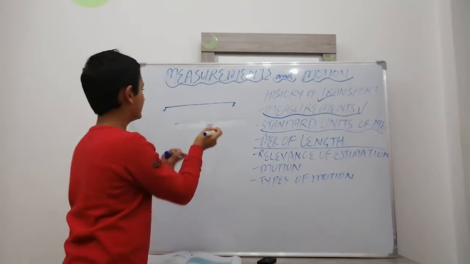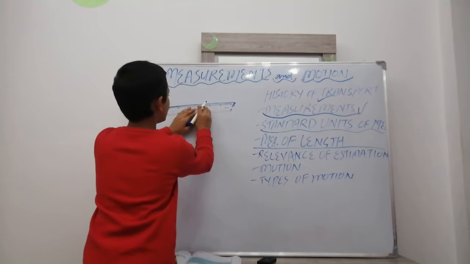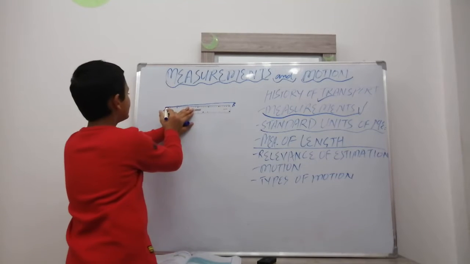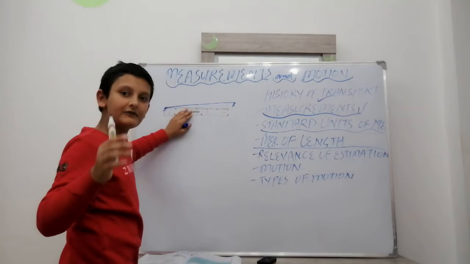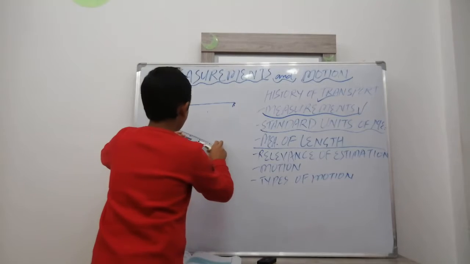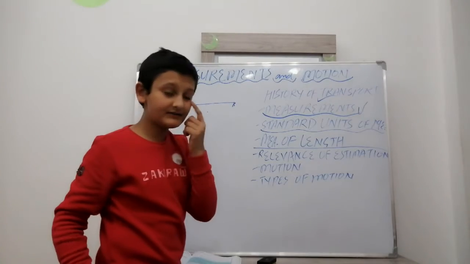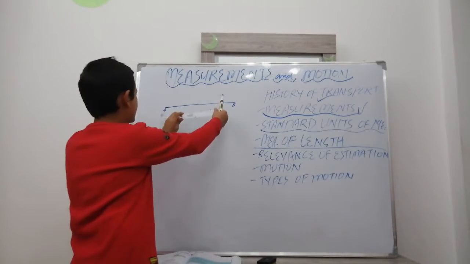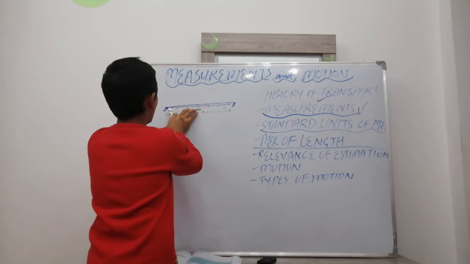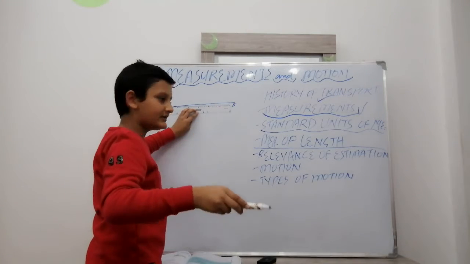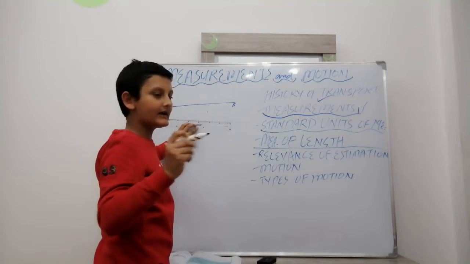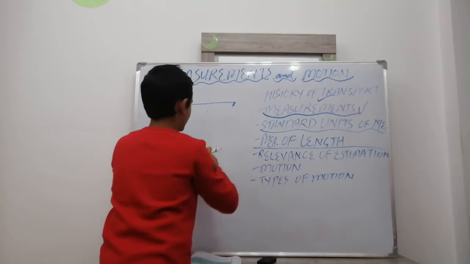So what will you do? You have to start from another number, which is 1. So you will start from 1 so that you get the accurate measurement. And your eyes should be on the scale only, on the point from where you are starting. If it is on any other position, then you might not get accurate measurements.